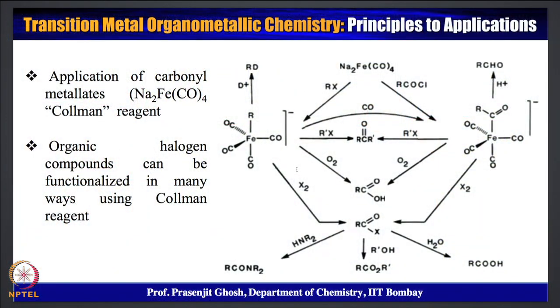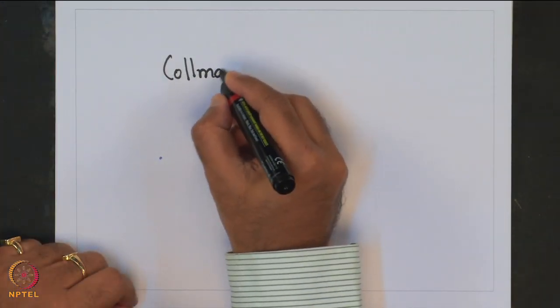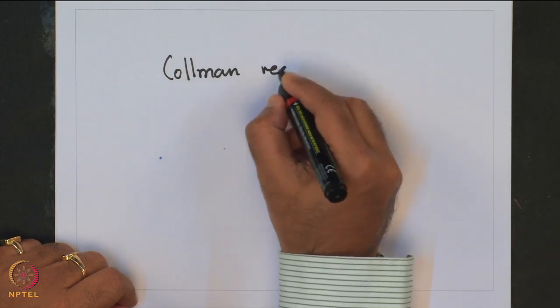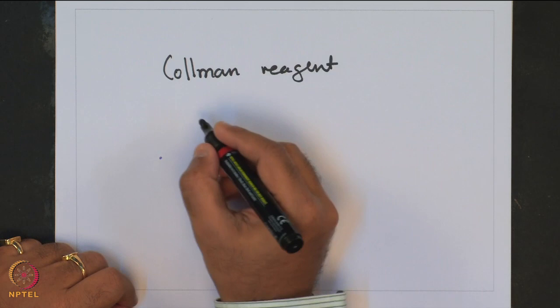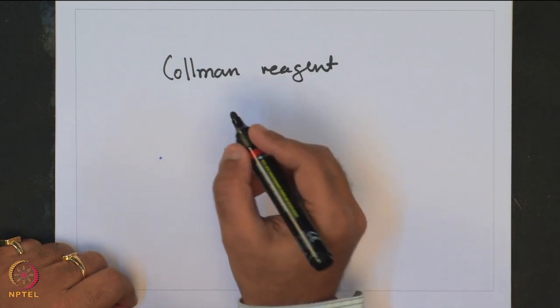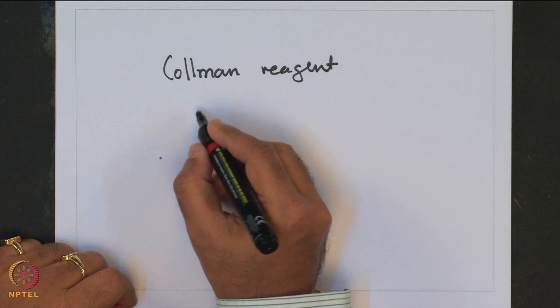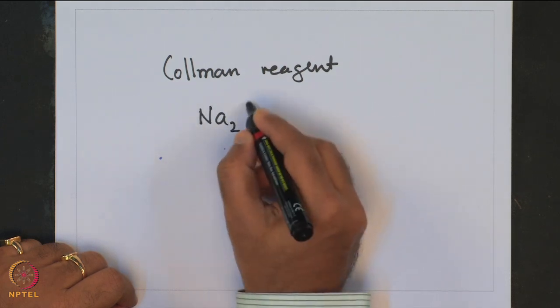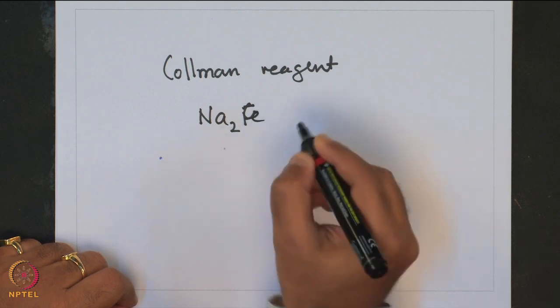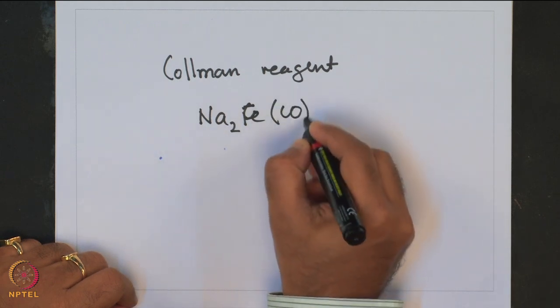Now, this is a very useful chemistry which is practiced day in and day out in the world of synthetic organic chemistry, and this is based on an iron based organometallic compound called Collman's reagent. The formulation of this compound is Na2Fe(CO)4.